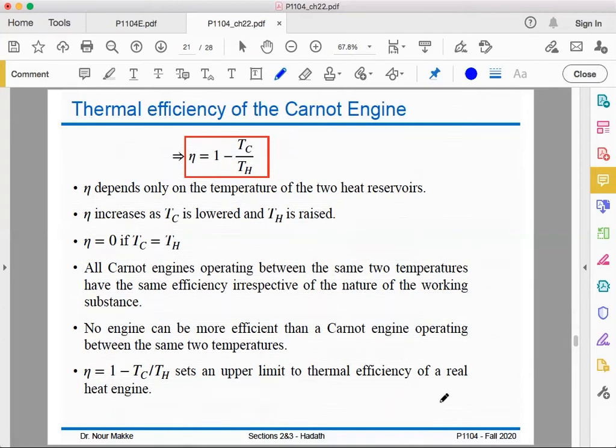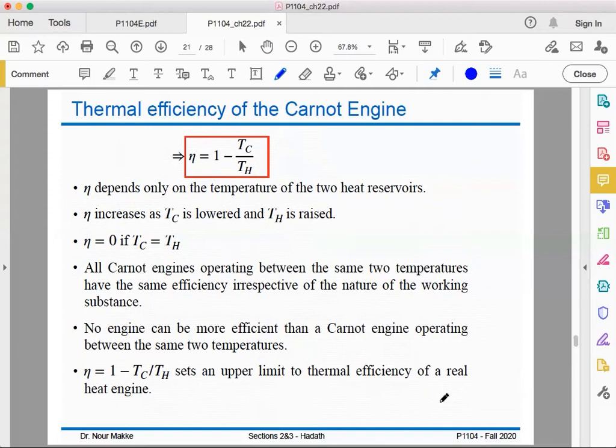So if you want to get the highest thermal efficiency for a Carnot cycle, the hot reservoir should have as high a temperature as possible, with the low temperature reservoir at as low a temperature as possible. The efficiency is equal to 0 in case TH is equal to TC. In other words, you don't have a difference between the hot and cold reservoirs. So of course in this case nothing is going to happen and the heat engine will not operate.